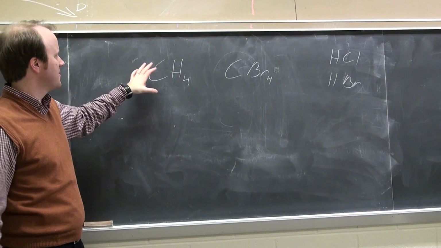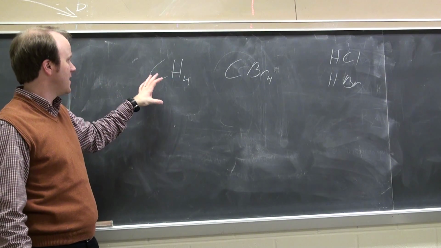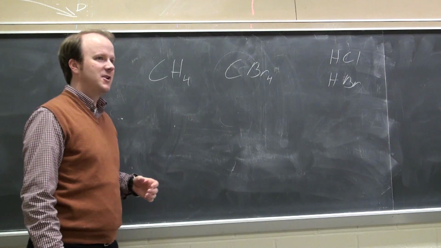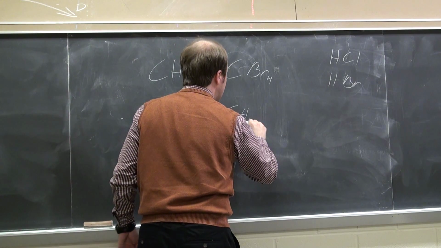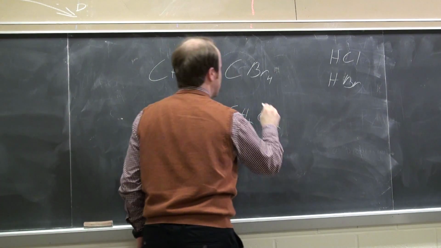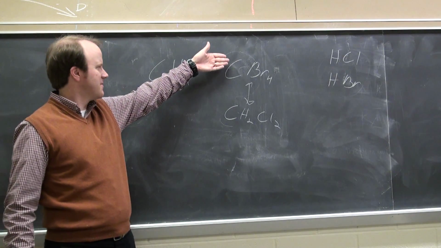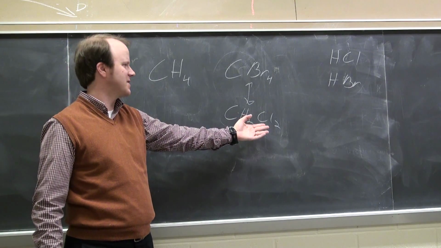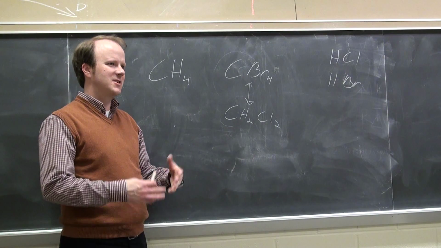But I think you got it just right: it has lower dispersion forces because it's not as polarizable as CBr4. So it's hard to compare dispersion if I give you CH2Cl2 and say, compare these. You're comparing dispersive interactions in CBr4 versus dipolar interactions in CH2Cl2. That one's not so easy to do just by inspection.